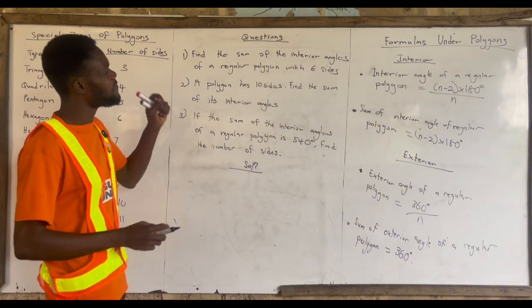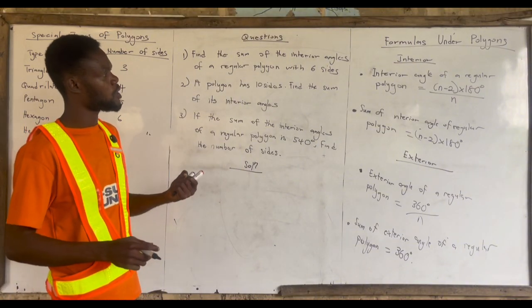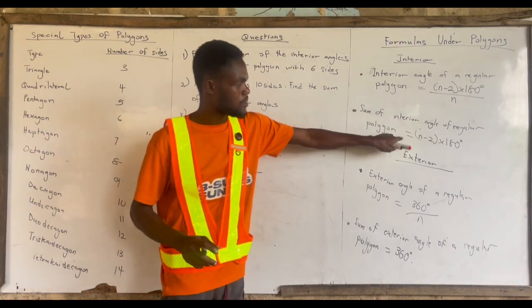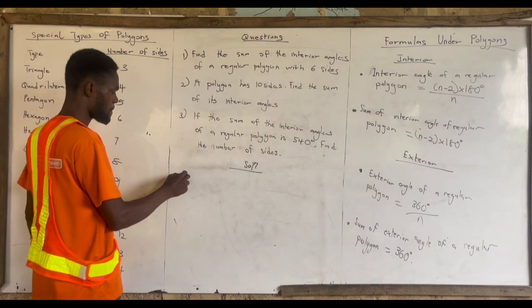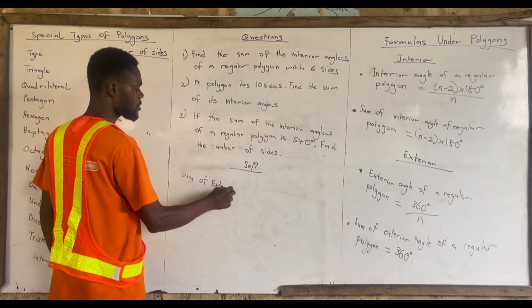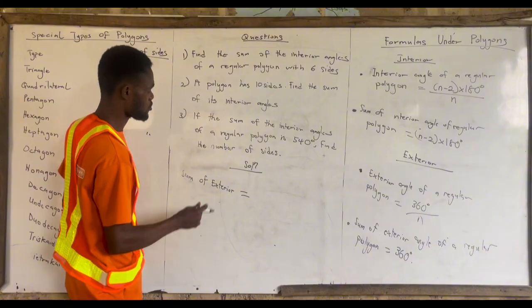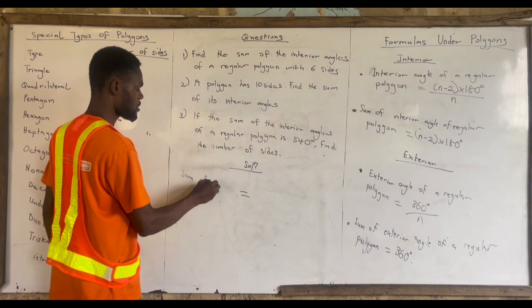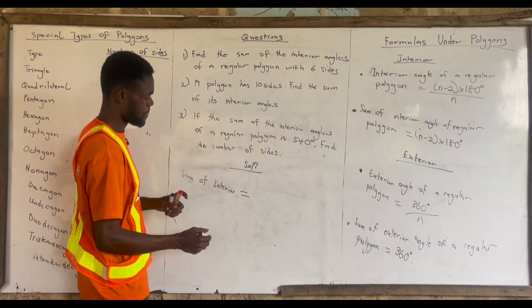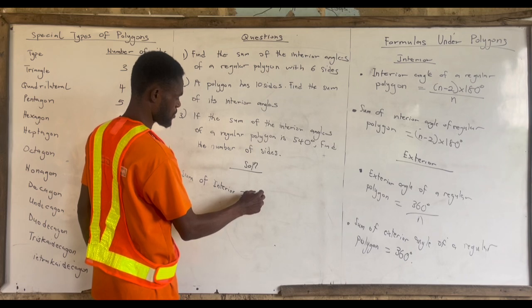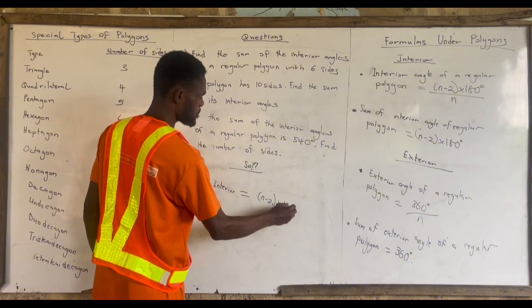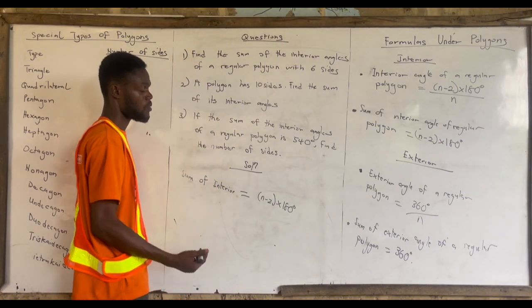Solution. First one: find the sum of interior angles of a regular polygon with 6 sides. So you know the formula for finding the interior angle of a regular polygon. The sum of interior angles is equal to n minus 2 times 180 degrees, where we know that n is the number of sides.